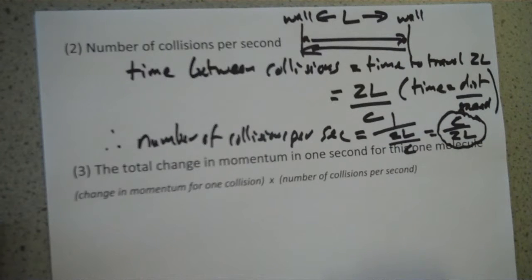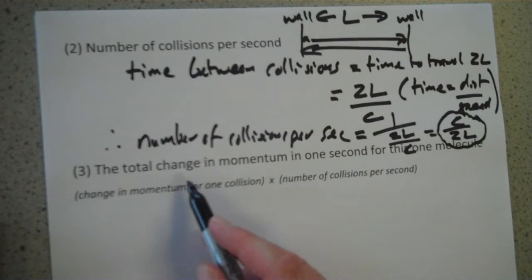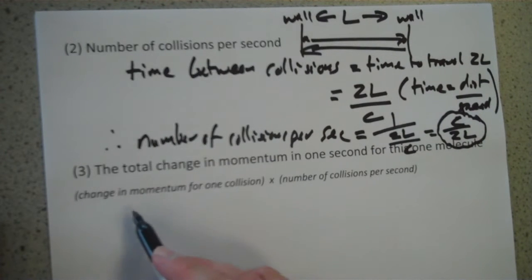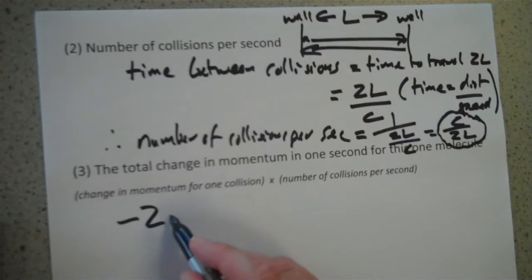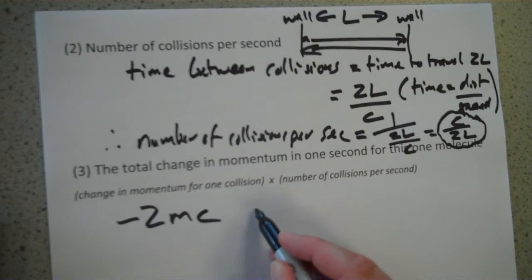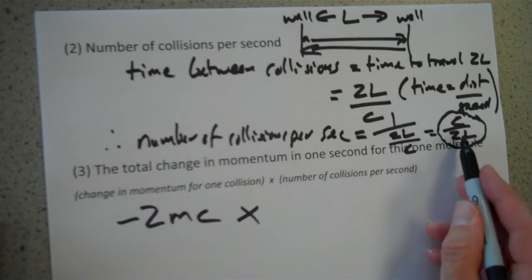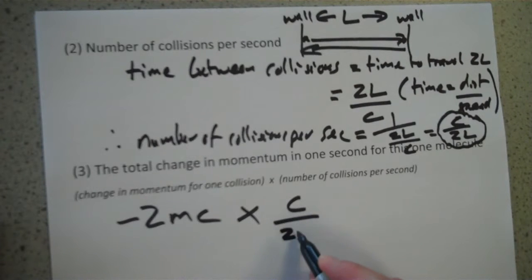To do that, we need to know the total change in momentum. This step's easy. Step 1 was the change in momentum for one collision, which, if you can remember, was minus 2mc, or you have to rewind the video. Times the number of collisions per second we've just got, which is c over 2L.